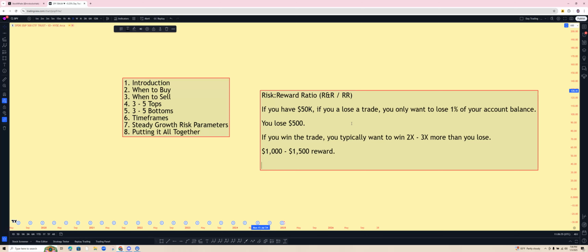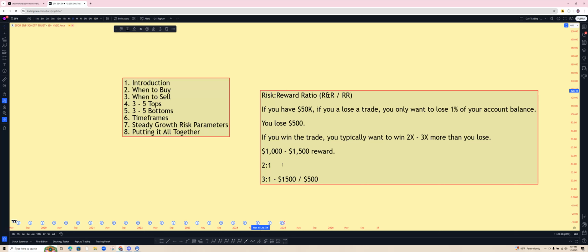What does that mean? If you 2x your win versus your risk, that gives you a 2-to-1 R&R. If you win the trade, you make $1,000; if you lose, you lose $500. With a 3-to-1 R&R, if you win the trade, you make $1,500. If you lose the trade, $500.